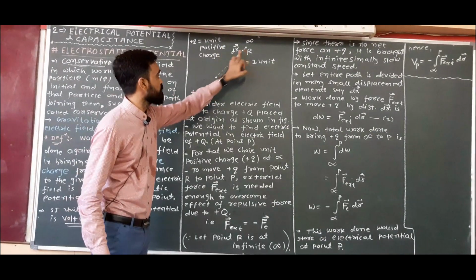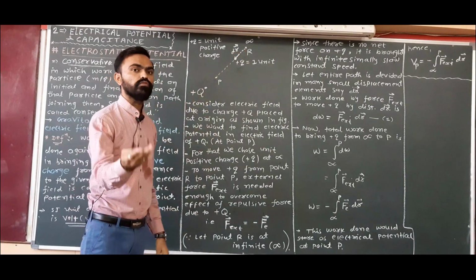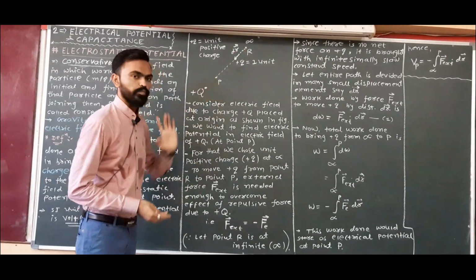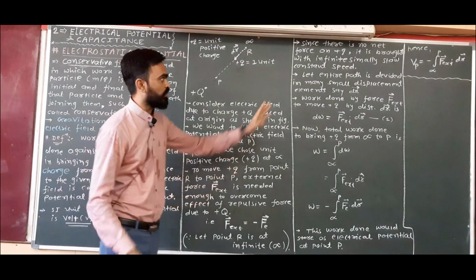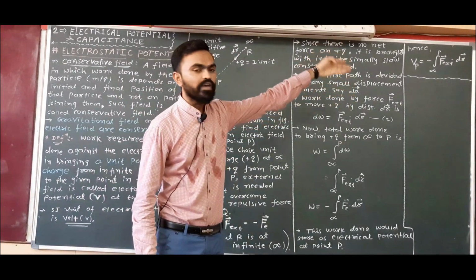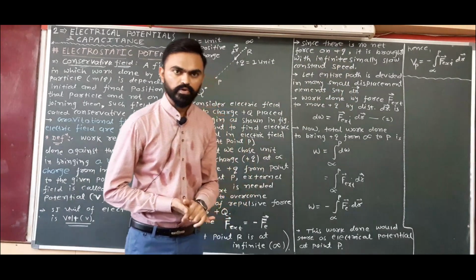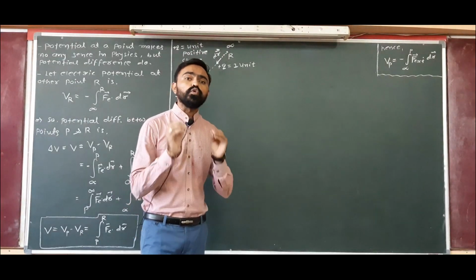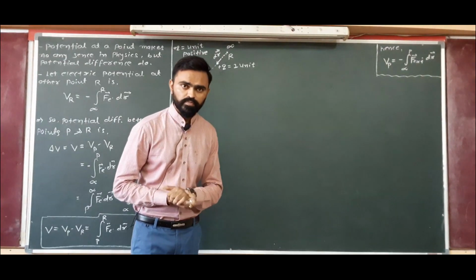Unit positive charge, this potential will be stored in terms of work done at the point P, got it. And its formula is Vp is equal to minus of the integration from infinity to P of F into dr. Right, in the same way you can find the potential at any point.